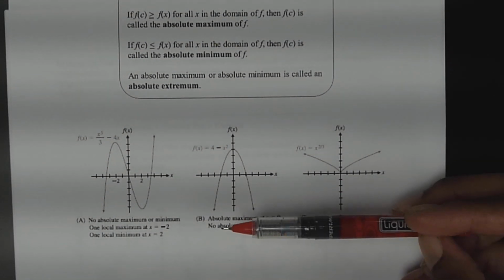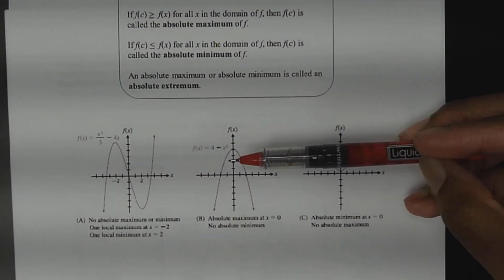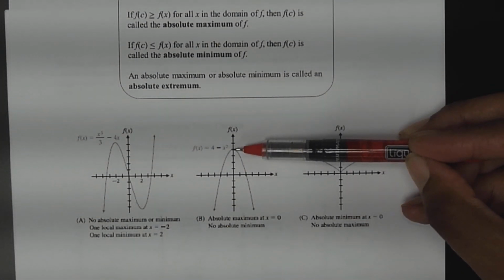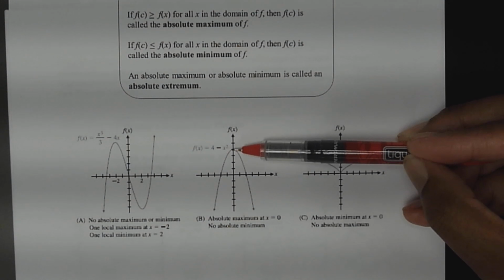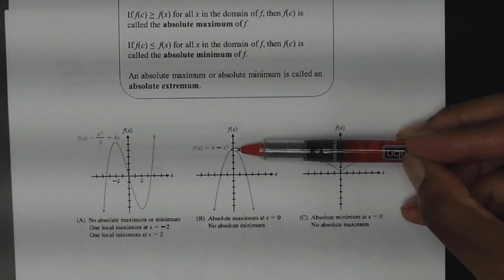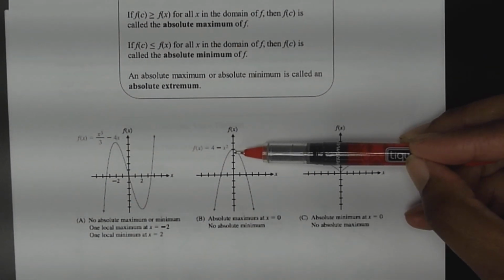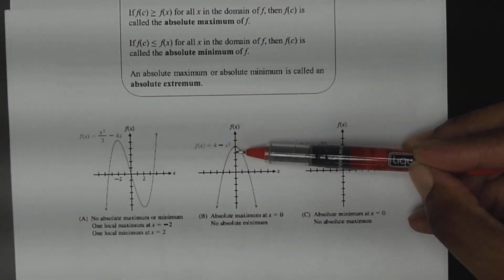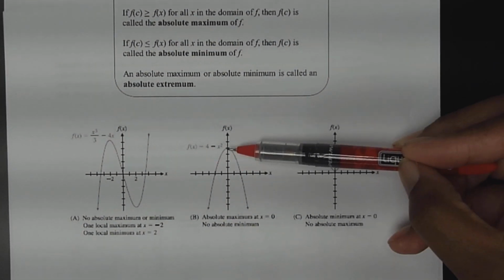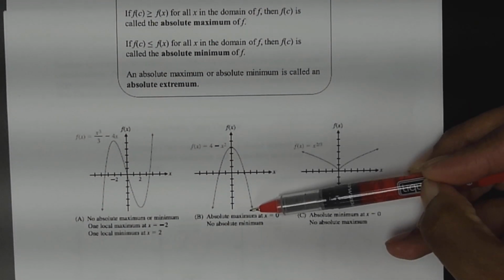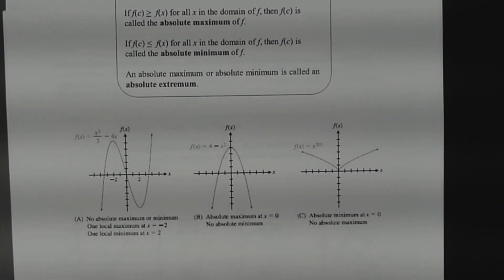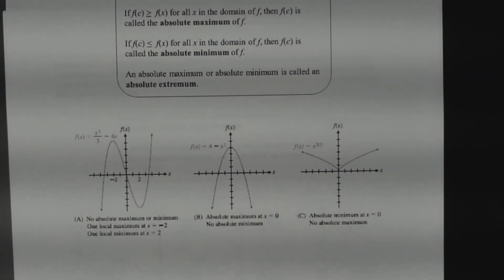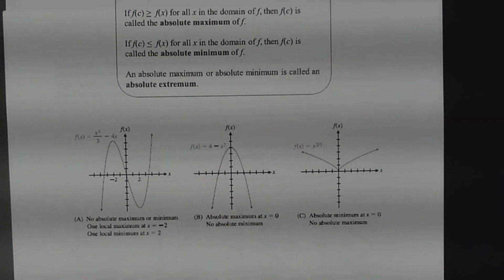All right, in part B, for this one, f of x equals 4 minus x squared. Here's the absolute maximum at x equals 0 because this is the highest this y value will ever reach before it starts falling. And of course, there is no absolute minimum in this case as well.